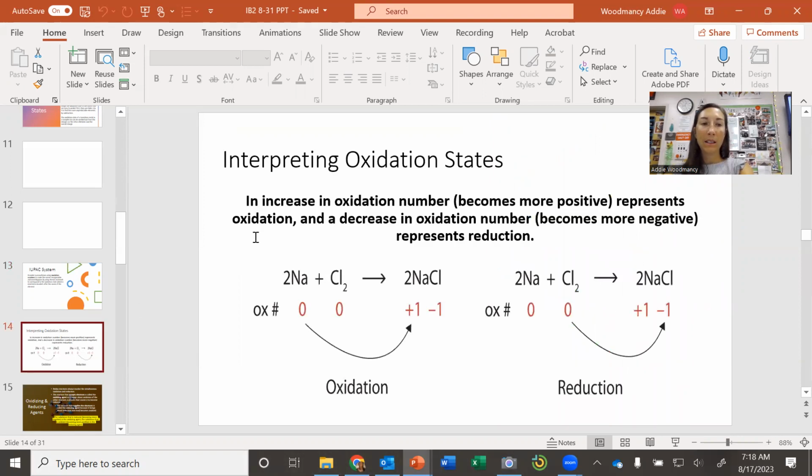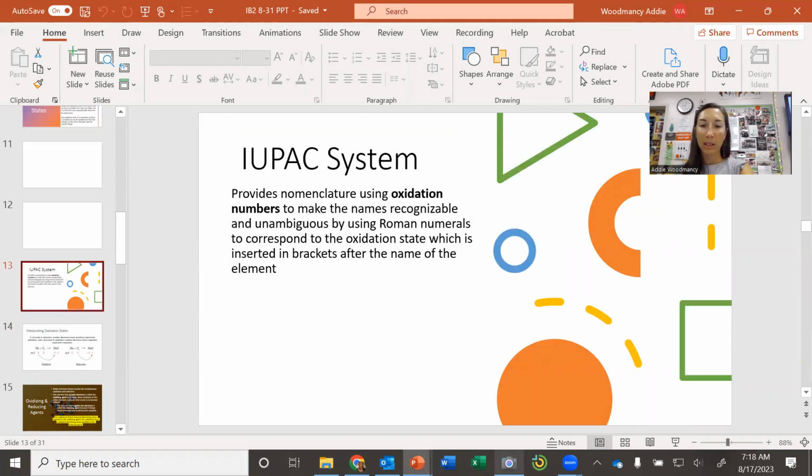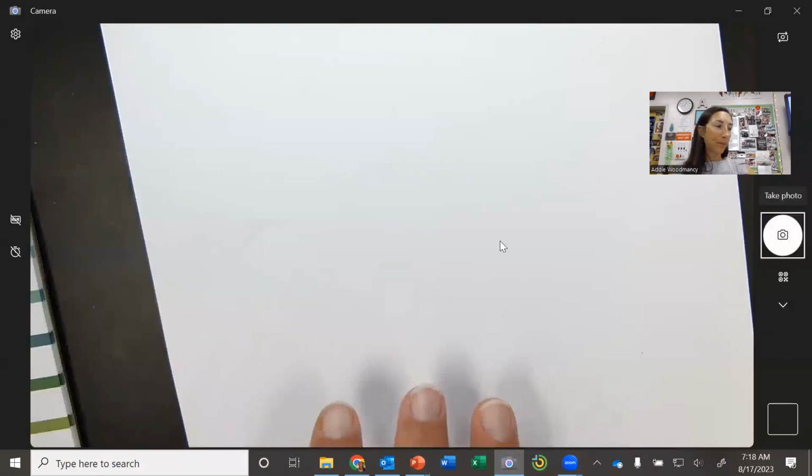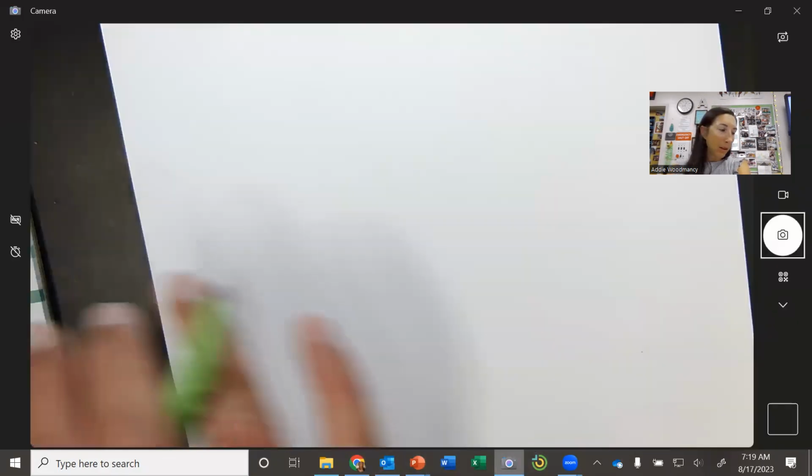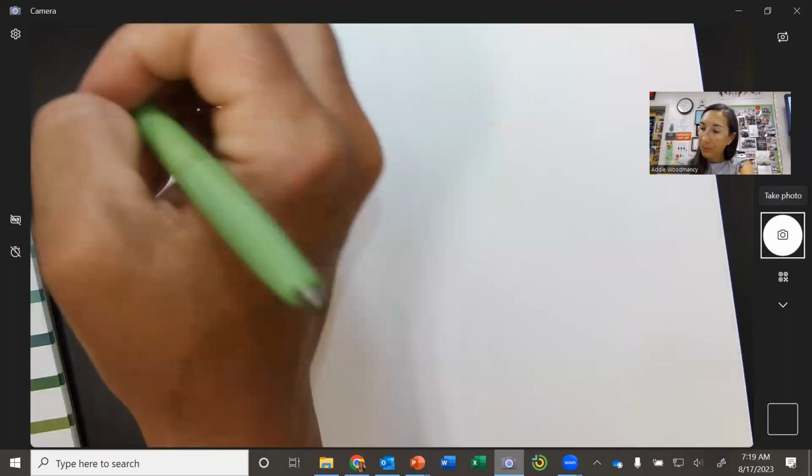So, for instance, oh, I'm sorry. Here, let me show you an example. You can just write this on this slide that you have right here, in this open space.